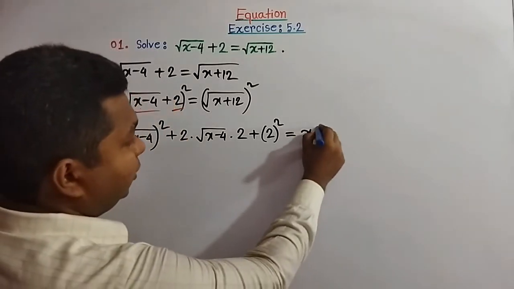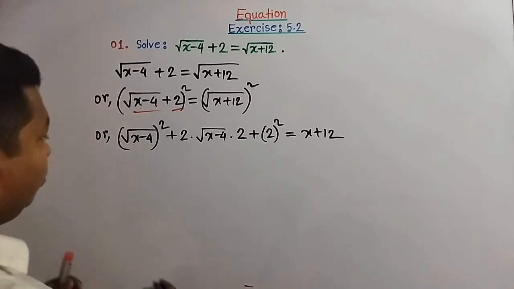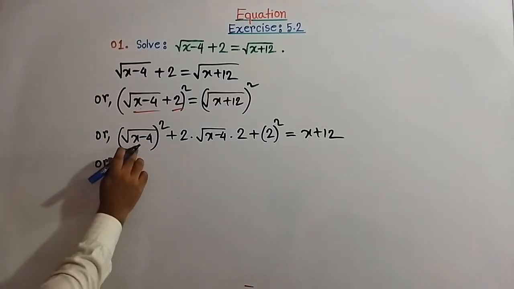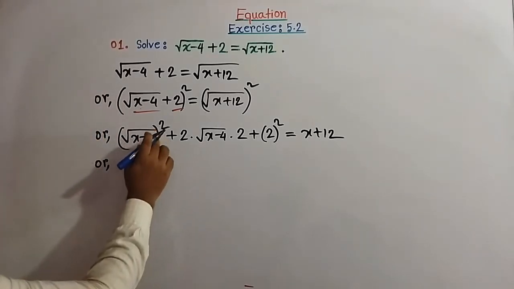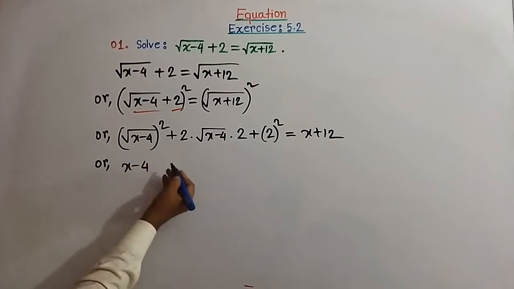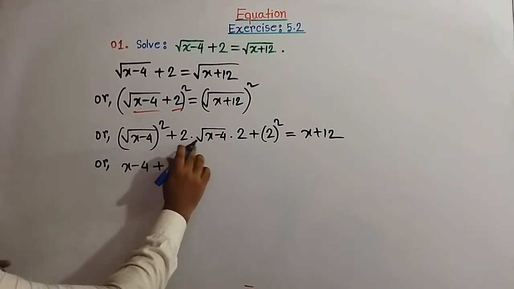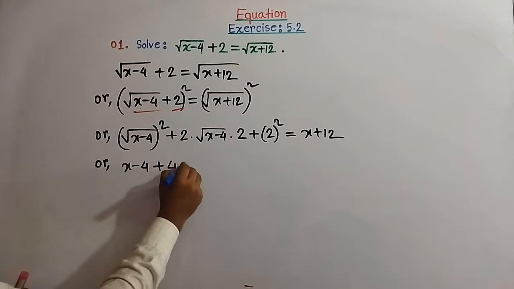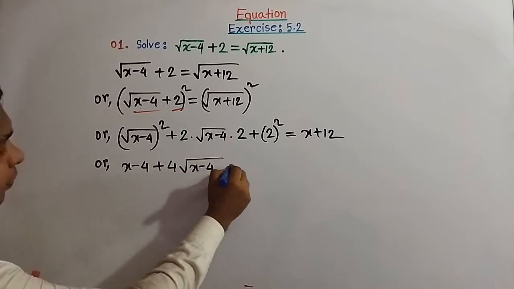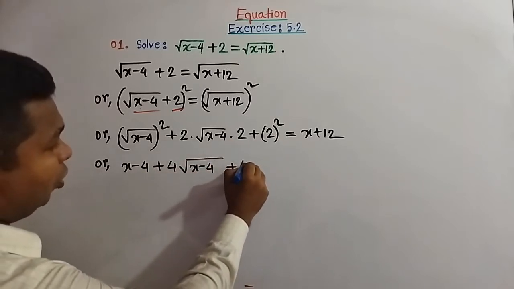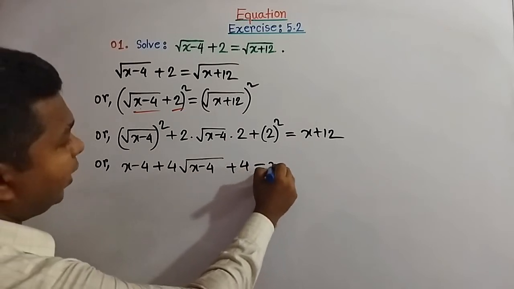So x plus 12. Now square root of x minus 4 whole square equals x minus 4, then plus 2 into 2, that is 4 square root of x minus 4, plus 2 square, so 4, equal to x plus 12.